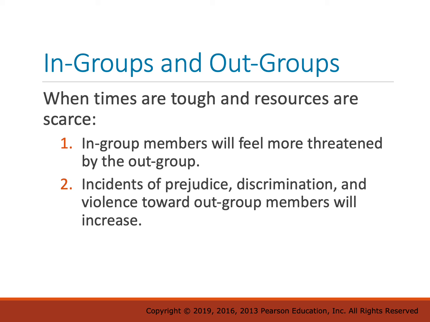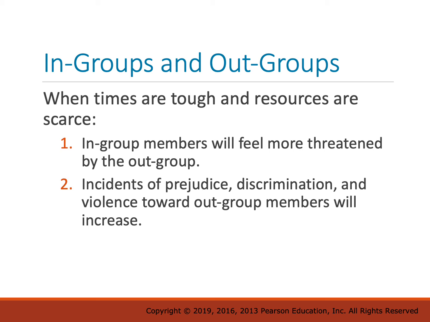So we've seen this in our own country where when times are tough and resources get scarce, we say, oh, all the Mexicans coming in are taking all of our jobs, right? So there's a greater number of incidences of prejudice, discrimination, and violence towards Mexicans as an outgroup when resources get scarce along the border, okay?